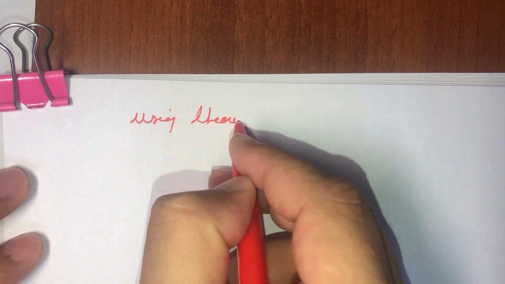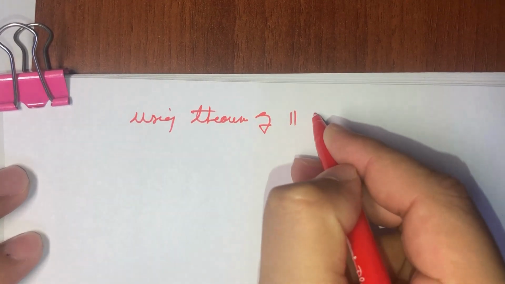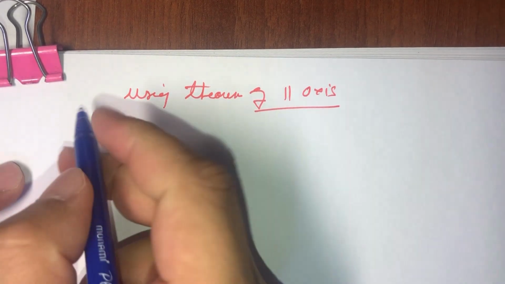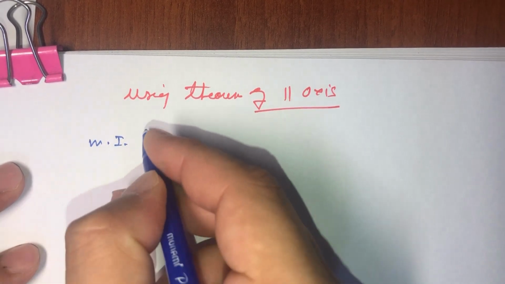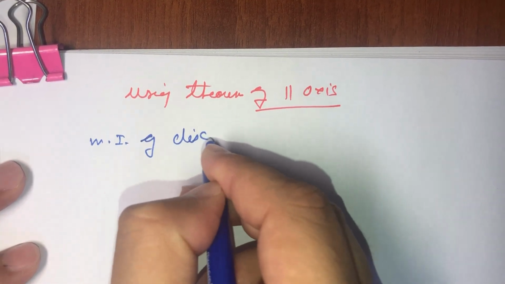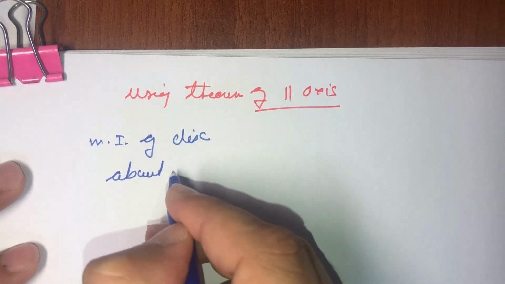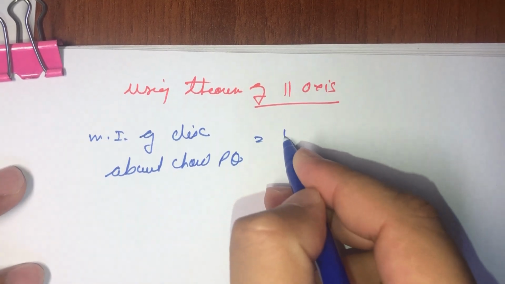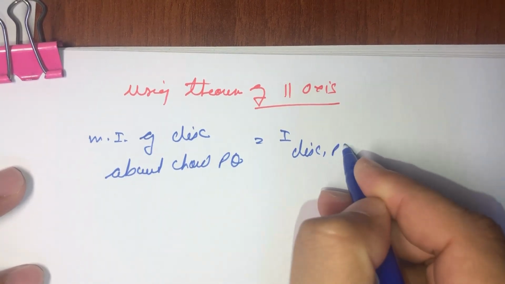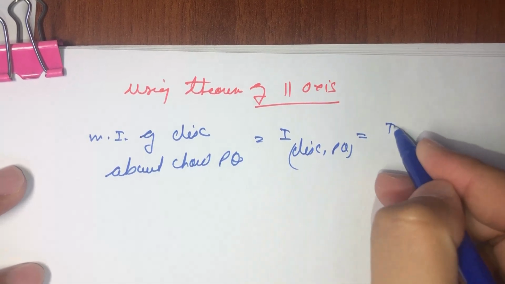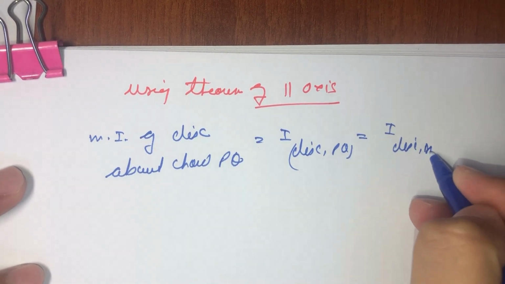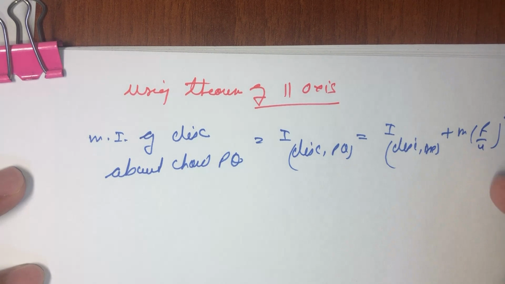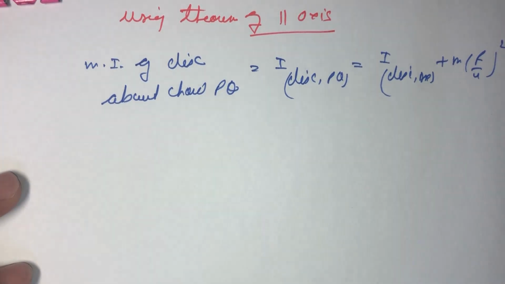Using the theorem of parallel axis, the moment of inertia of the disk about chord PQ is given as I disk PQ equal to I disk about diameter AB plus mass and the distance between the two parallel axes and their square.